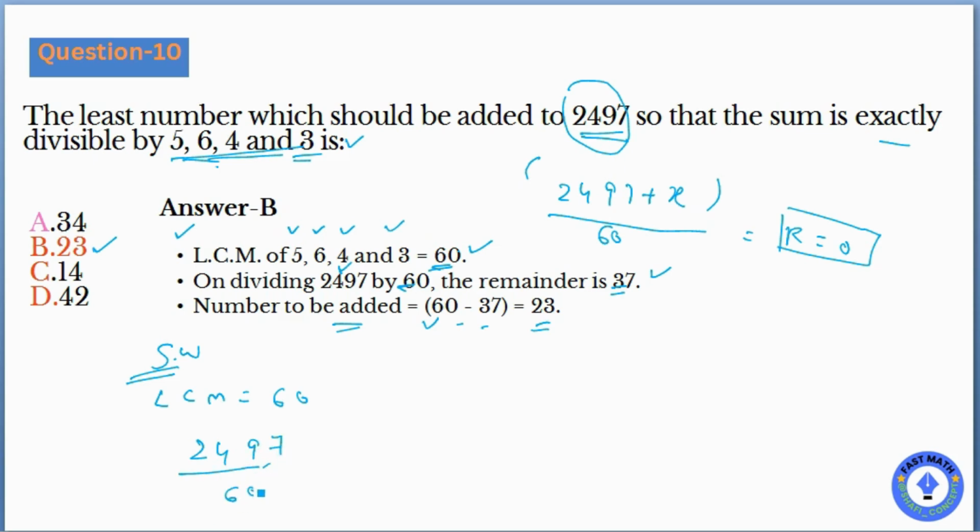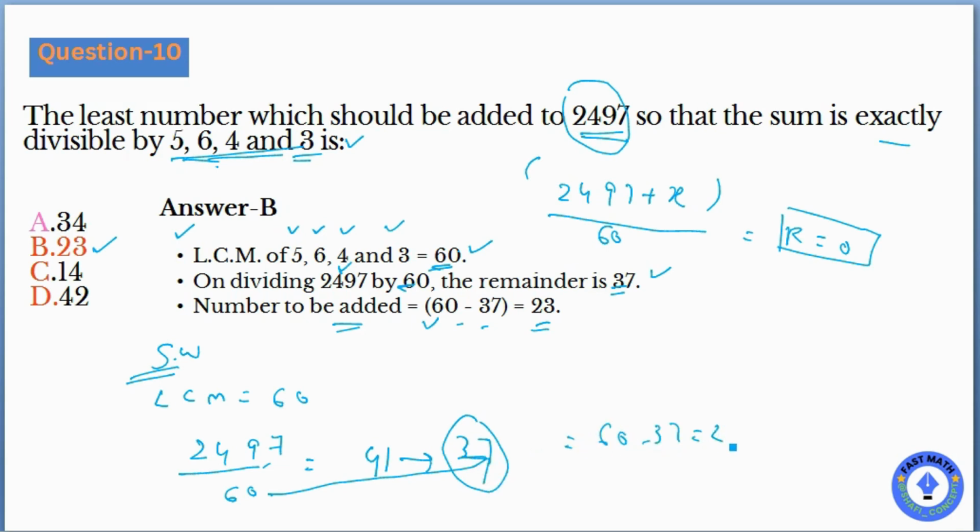What will you get? 4 sixties are 240, leaving 97. Then 1 sixty is 60, and 97 minus 60 leaves 37. 37 is the remainder. What you have to do is deduct the remainder from the divisor, that is 60 minus 37.